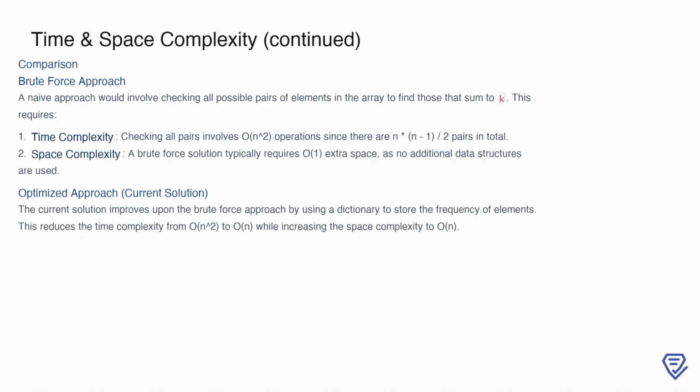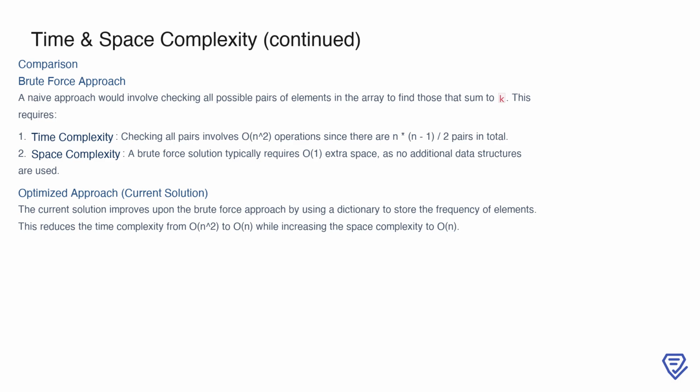Let's compare this optimized solution to a brute force approach. In a naive solution, we would check all possible pairs of elements in the array to find those that sum to k. This involves iterating through every pair, which results in O(n^2) time complexity, as there are approximately n*(n-1)/2 pairs to check.